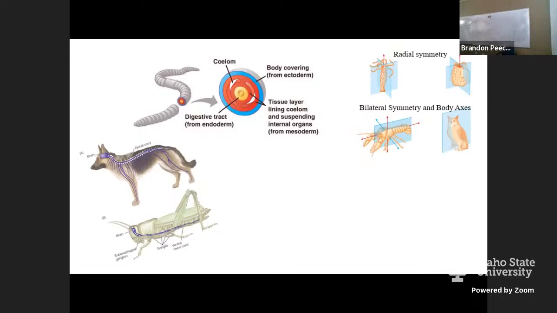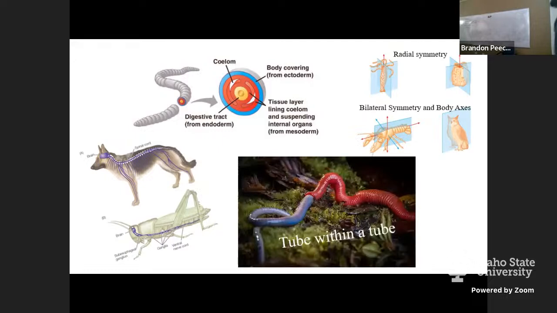That's really wild. The thing that's fun about bilaterians, and I know this is a gross picture, but I think it's hilarious, this is a leech eating an earthworm. So this is an annelid eating another annelid. The most basic biology of bilaterians, even if you're talking about something like a bird, you can boil it down in certain aspects to just a tube within a tube.